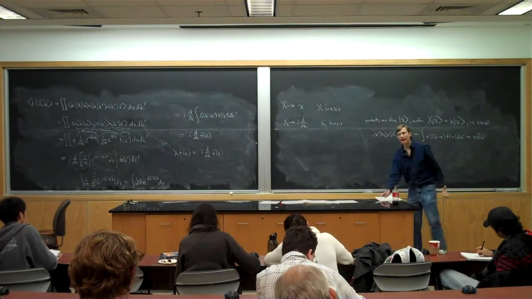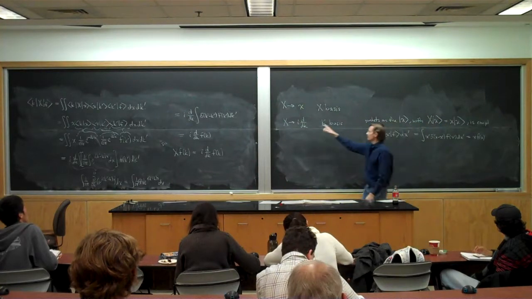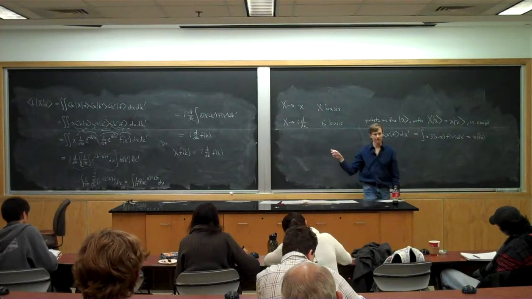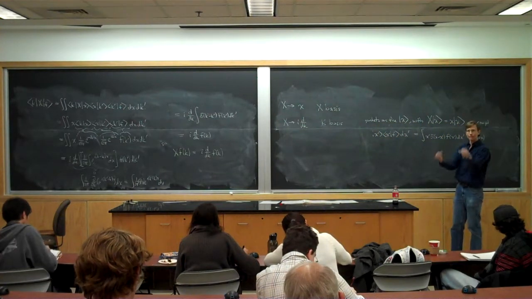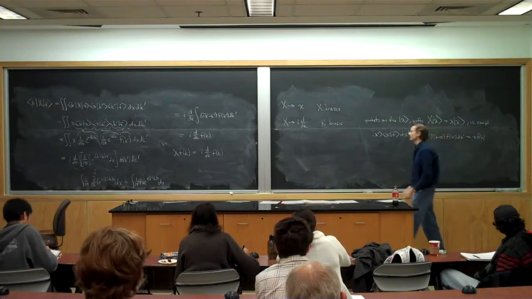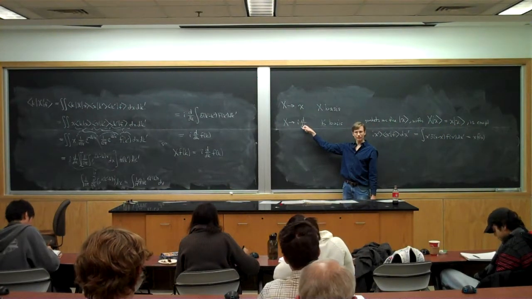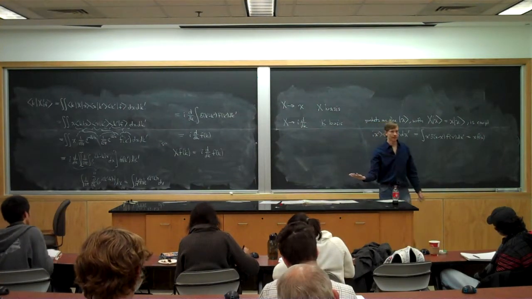Contrast that with k, which is multiplication by k in its own basis, and is the application of minus i d/dx in the x basis. So x and k have complementary properties. In the k basis, x acts like a derivative operator. In the x basis, k acts like a derivative operator.